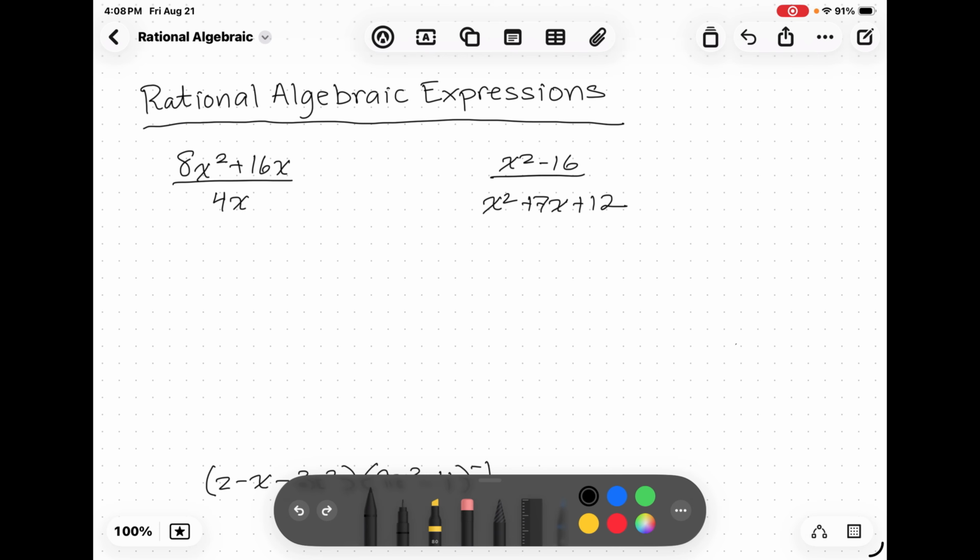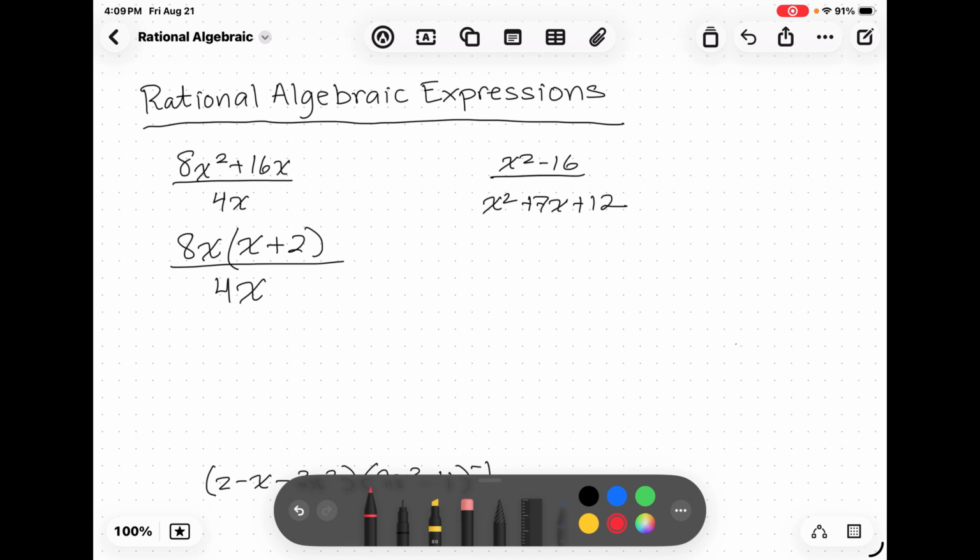Whenever we're factoring a polynomial, the first thing we're always looking at is, is there a greatest common factor? Looking at this, 8x squared plus 16x, is there a greatest common factor? Yes, they have an 8 in common. And they also have an x in common. Factoring out an 8x, I'm left with x plus 2 over 4x.